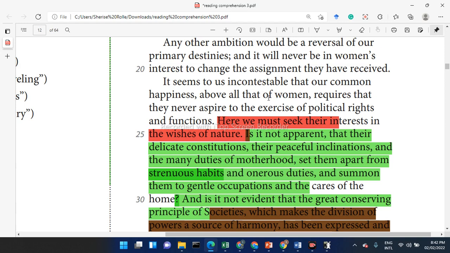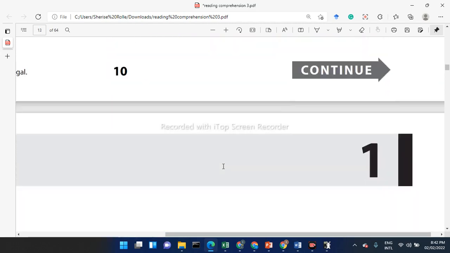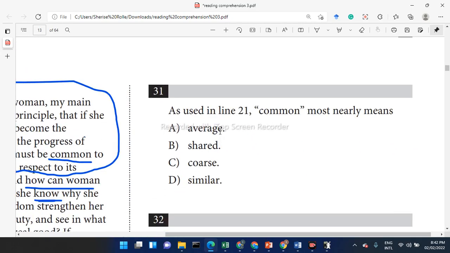When you say common, what do you mean? Our common happiness, what is that? Everyone. Is it average happiness, shared happiness, coarse happiness, or similar happiness? It would be B, shared. I said B, shared happiness. Okay.